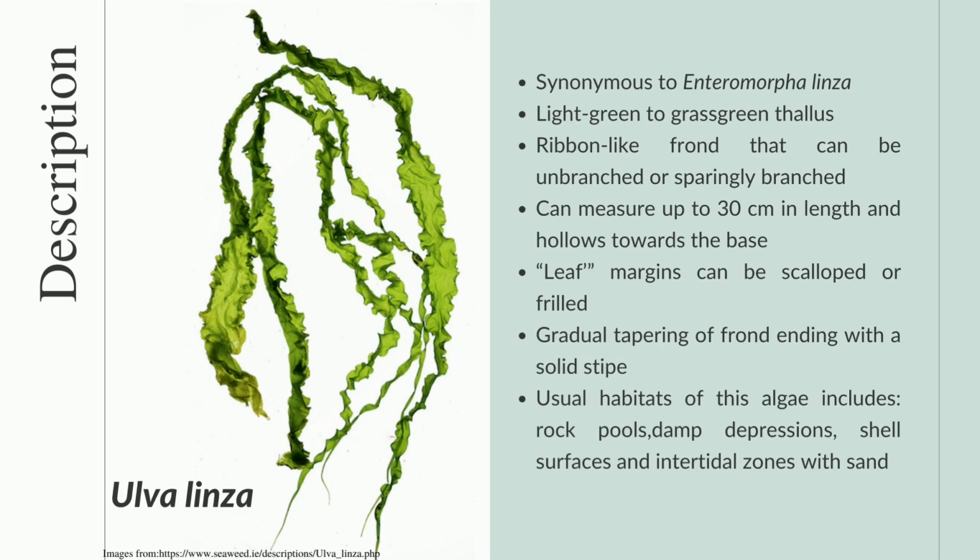It is called double ribbon weed due to its ribbon-like frond that is joined at its base. This frond or fronds may be branched or unbranched and can usually measure up to 30 centimeters in length. Evident tapering towards the end is another identifying characteristic of Ulva linza. Its habitats include a variety of damp and aquatic environments.